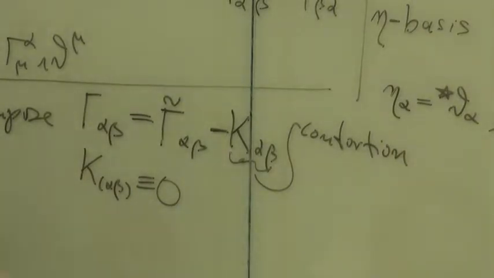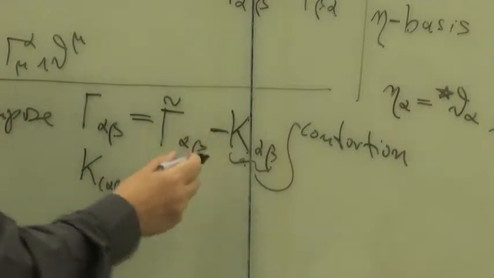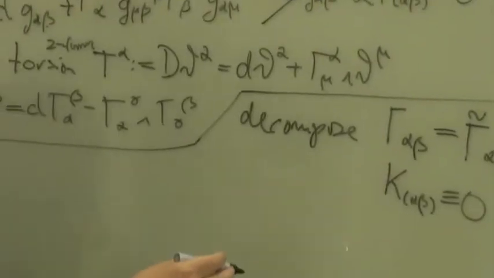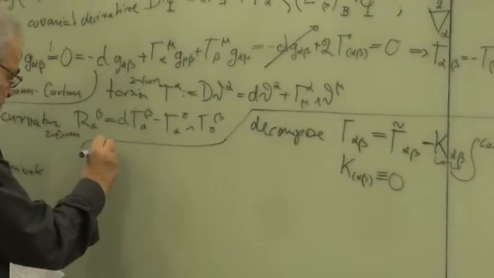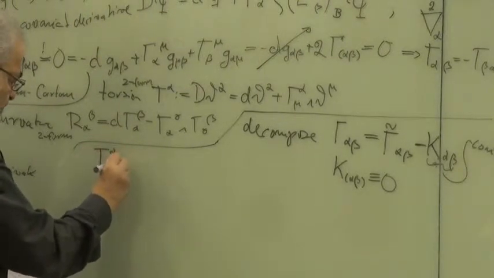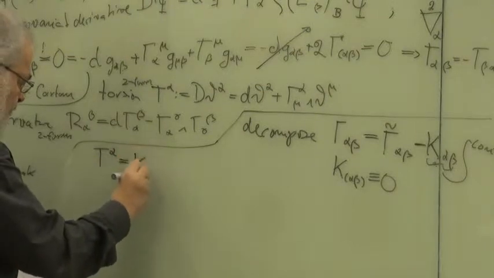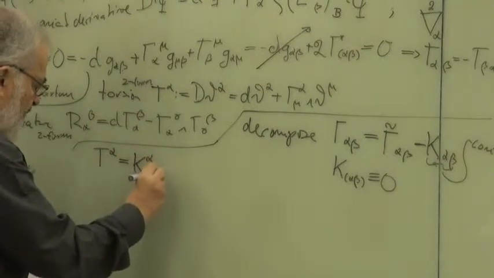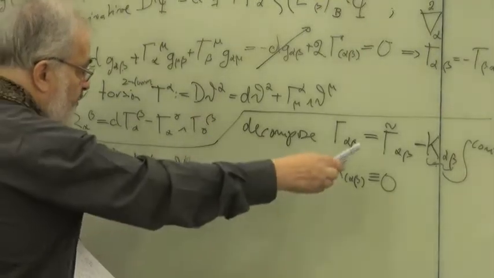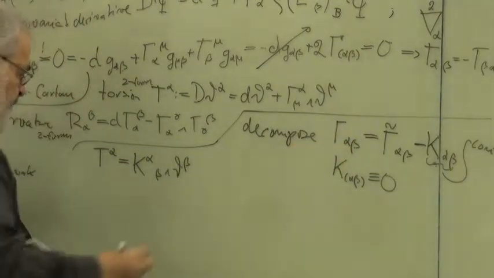And we can, of course, then express the contortion in terms of the torsion. Let me just give you the formula. On the one hand, T alpha is a 2-form, equal to K alpha beta wedge theta beta, which you can prove by using this formula.